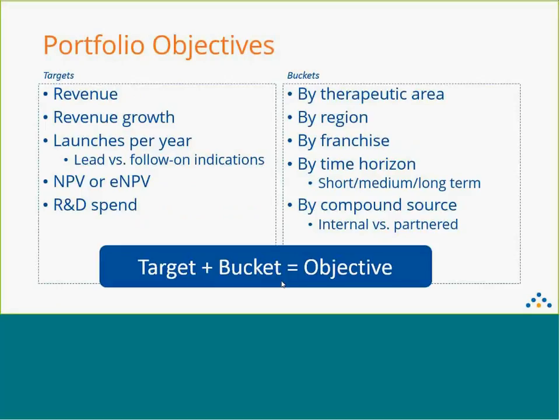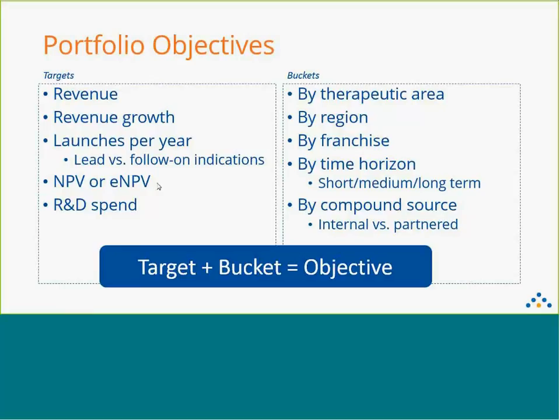Those objectives are a composite of a target and a bucket. So the target might be a revenue target in a specific therapeutic area, or a revenue growth target in a specific region, or even an R&D spend target in a specific franchise that is a burgeoning franchise that needs more development to become mature. And so when you think about these objectives, it's not enough to say, let's get the highest NPV projects across the entire portfolio.